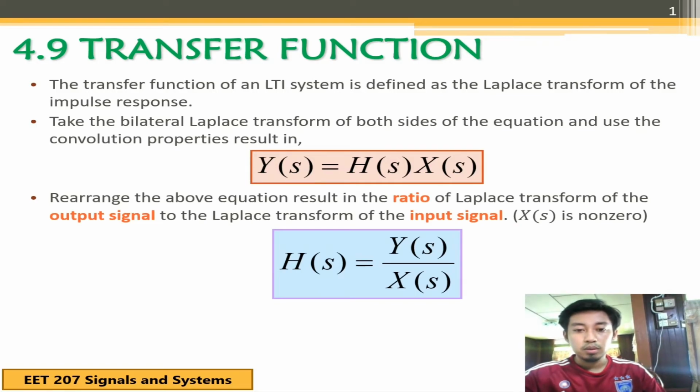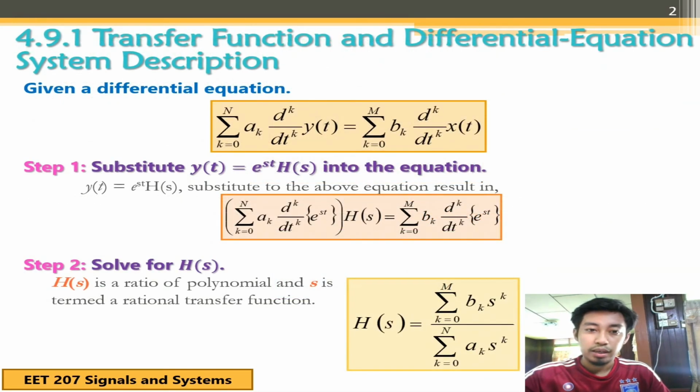Okay, so we continue. According to the first equation here, I think it is the same as the basic differential equation, but in the lecture note we use k, and in the previous video we were using n and m.